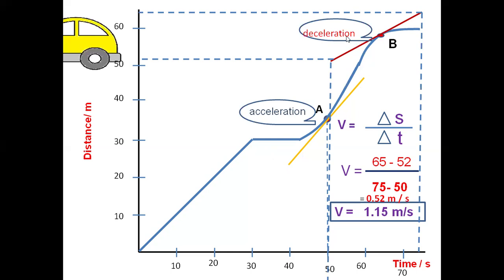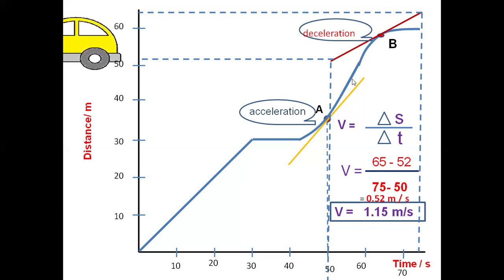Though we cannot find out acceleration and deceleration from a distance-time graph, the gradient tells us the speed, or if it is a displacement-time graph, the gradient tells us the velocity. But we can tell whether the body is speeding up or slowing down in these two positions.